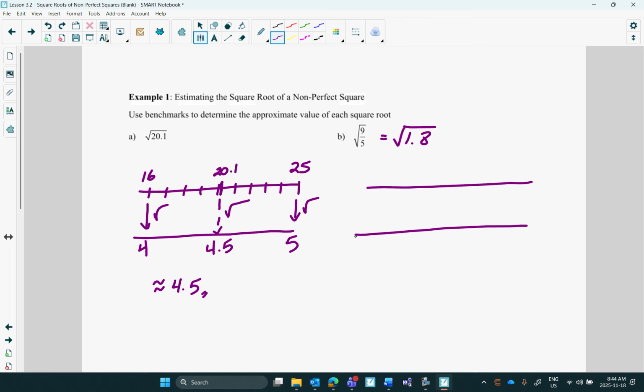And again, let's start with a perfect square below and a perfect square above. What number below 1.8 can I take the square root of exactly? 1. What number above? 4. So 2, 3, 4.